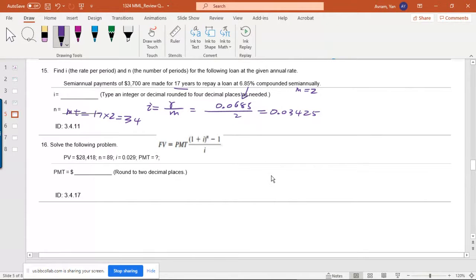This one using the formula isn't that bad because you want to find a payment right here, so that should be really quick.